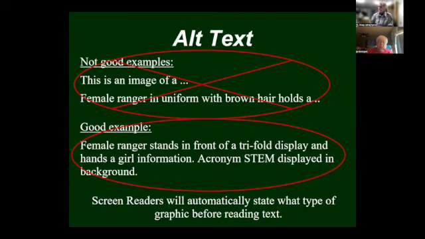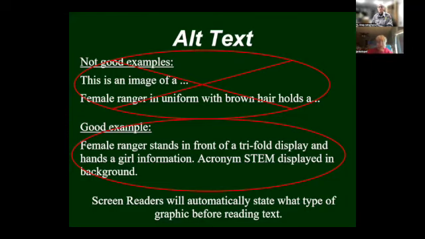So with our alt text, I have up on the screen not so good examples and a good example, and this is just generic. So we have not good examples. We have two of them up there. The first one is, this is an image of, when you're talking about pictures. We never want to start with this is an image of, or this is a picture of, because our screen reader is already going to say that.